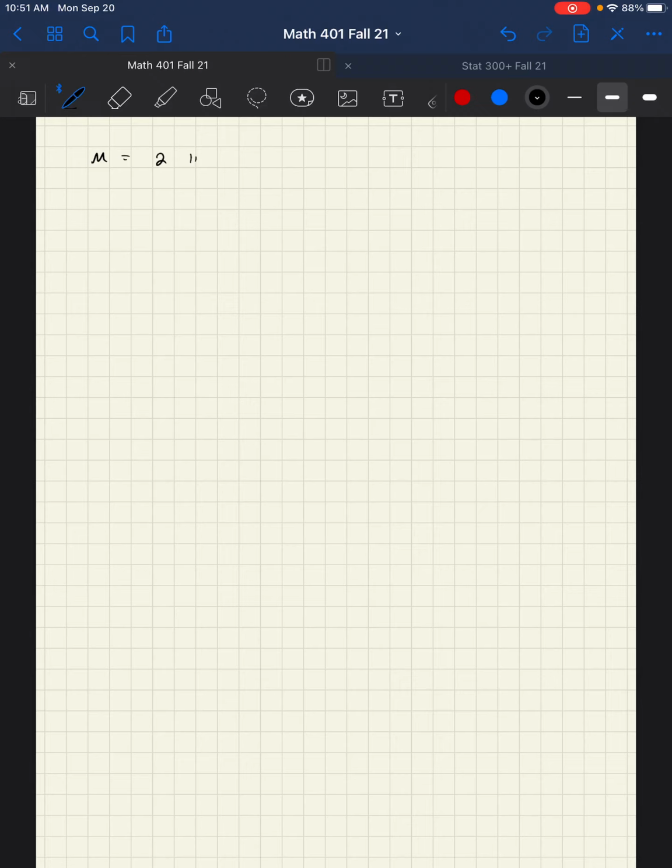All right, so let's go ahead and write this out. m is 2 times the limit as, and we're going to use a different letter here. Let's use b, as b goes to infinity of, and now we're going to convert that integral. So we're going to use the integration by parts step.